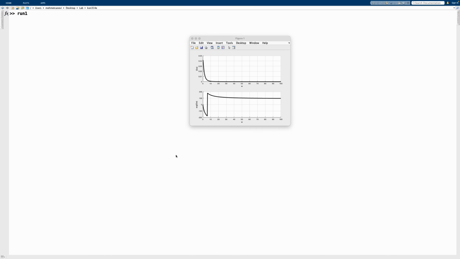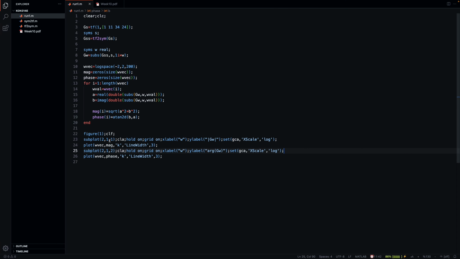So let's run this. Now it's more like a Bode plot, especially when you look at the magnitude plot here. The phase plot is also okay, but then there's a discontinuity, and the reason for that is basically this ATAN here.